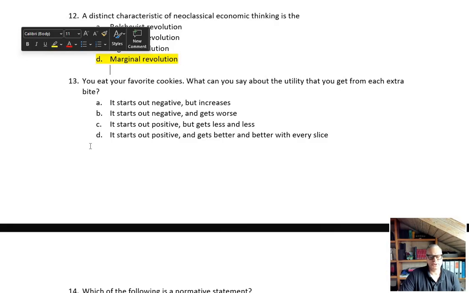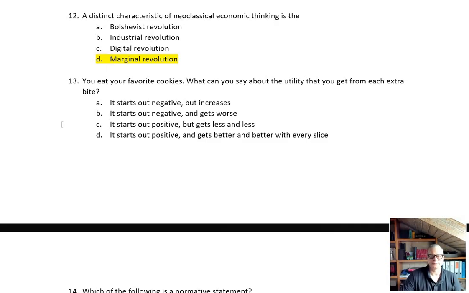So that is the marginal revolution. So we always think in terms of the utility of the next move, the opportunity cost of the next move, and that's why economics is sometimes called the marginal revolution or the marginal science.